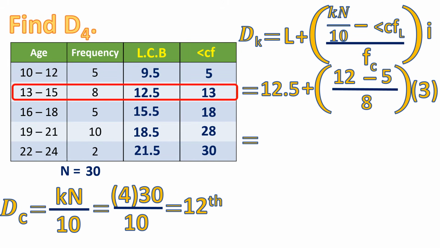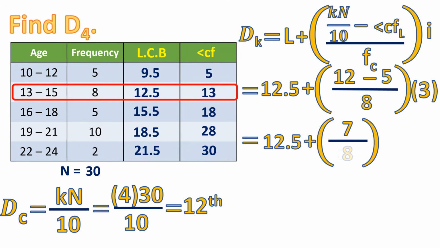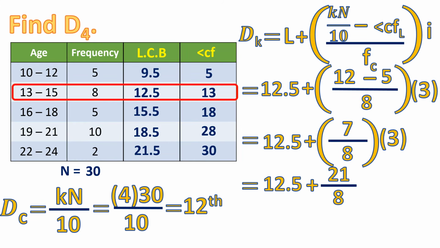So let's solve 12 minus 5. So copy the rest. It will be 7, and copy 8 and 3. Then let's continue. 12.5 plus 7 times 3 is 21 over 8. And copy. 21 divided by 8 is 2.625.